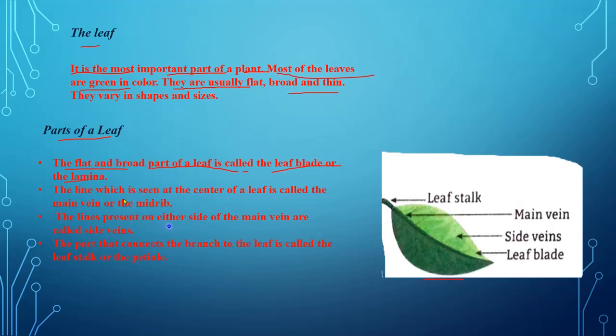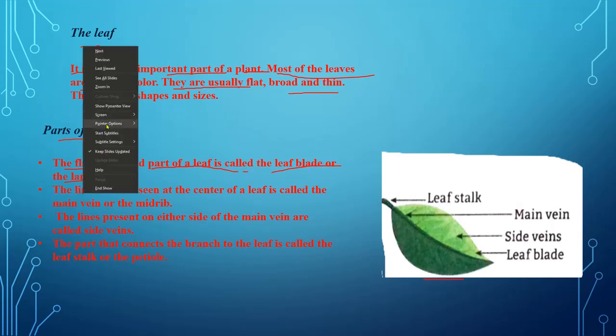So the flat broad surface in the leaf is called what? Leaf blade or lamina. We can call this lamina or leaf blade.